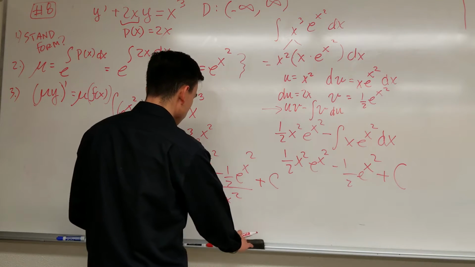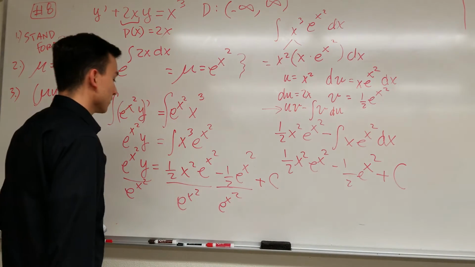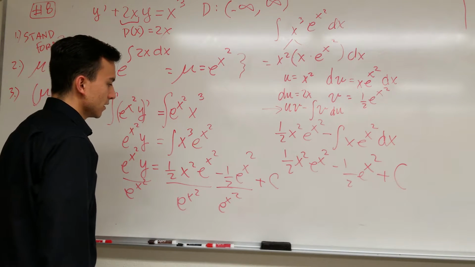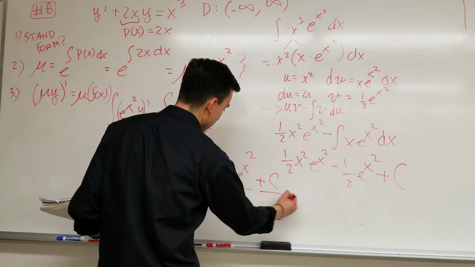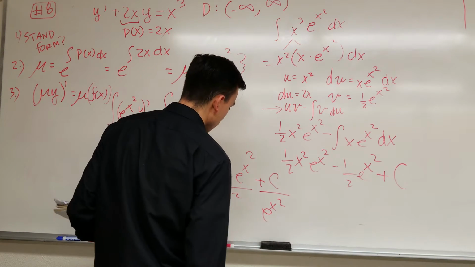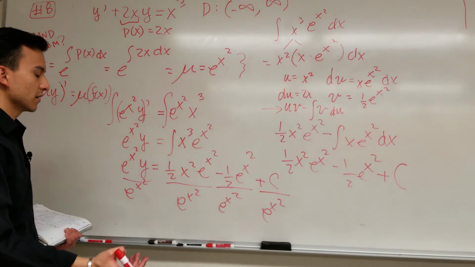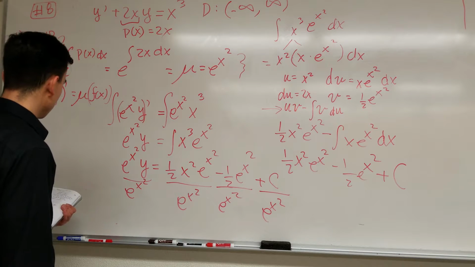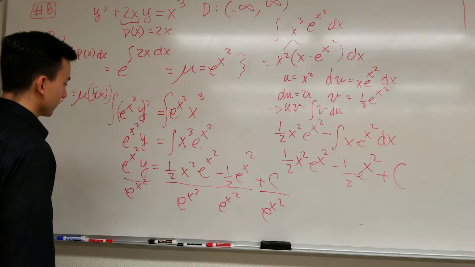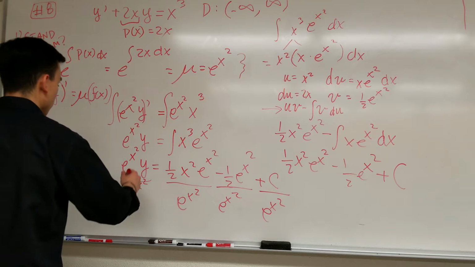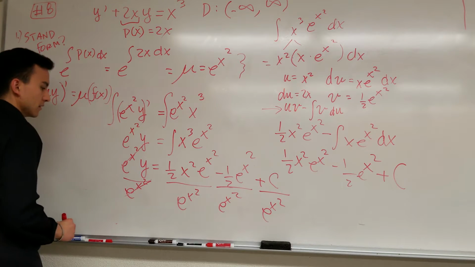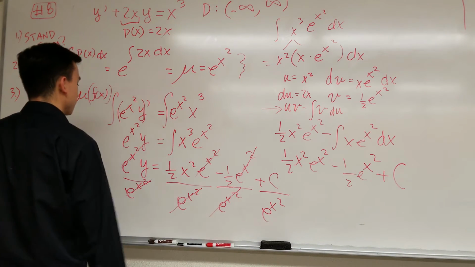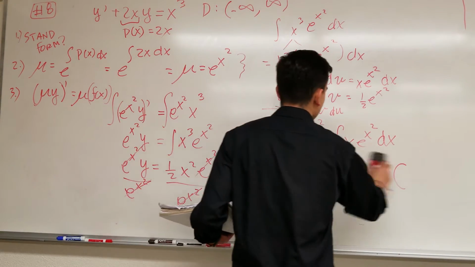Now, interestingly enough, we don't know what that c is. So we could also divide it by e to the x squared, because it's still a constant, whatever constant that is. Now we could cancel these. That's still a constant. I'm going to go ahead and erase this.